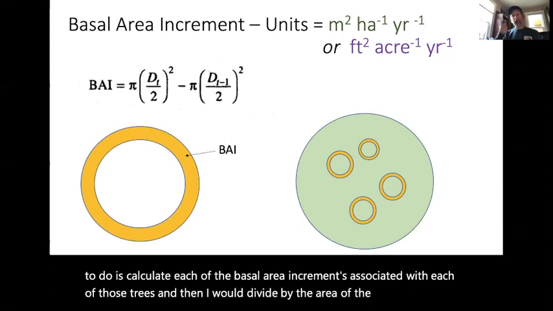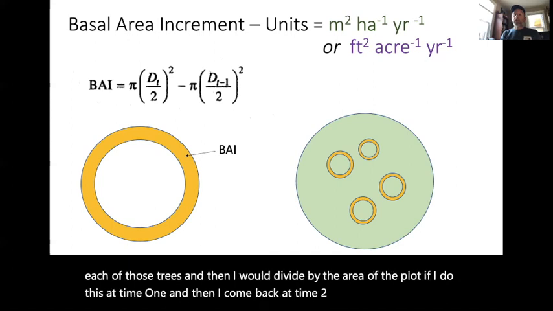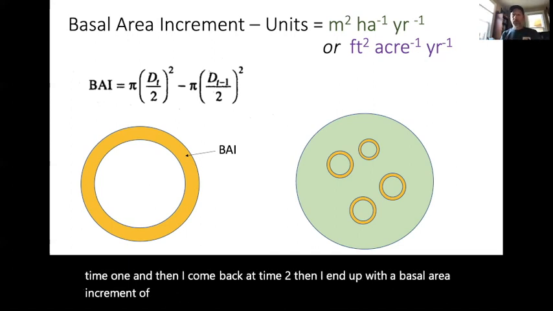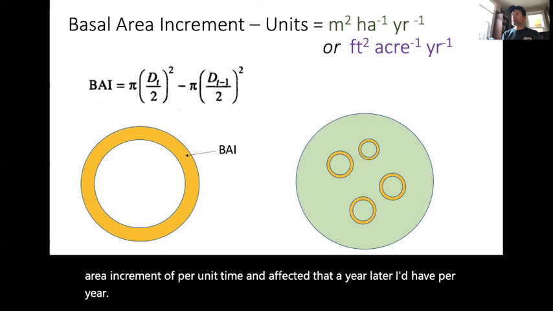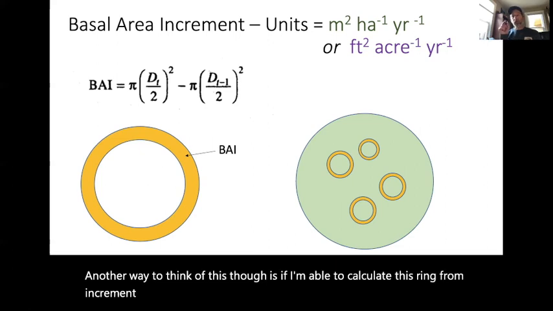If I do this at time 1 and then I come back at time 2, then I end up with a basal area increment per unit time. And if I did that a year later, I'd have per year. Another way to think of this, though, is that if I'm able to calculate this ring from an increment bore or a measurement of tree ring width, then at one sampling, I can develop basal area increment.